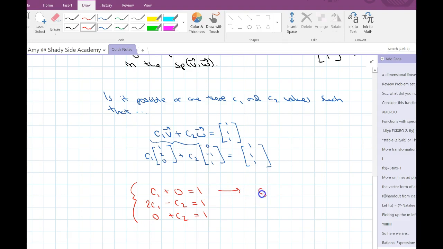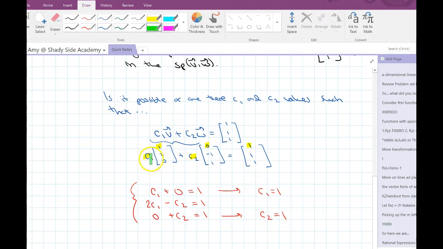Equation number 1 tells us that C1 needs to equal 1, and equation 2 tells us that C2 has to equal 1. Well, let's see. Certainly, it's the case that when C1 equals 1 and C2 equals 1, look what checks out, boys and girls, that 1 times 1 plus 1 times 0 does equal 1, right?